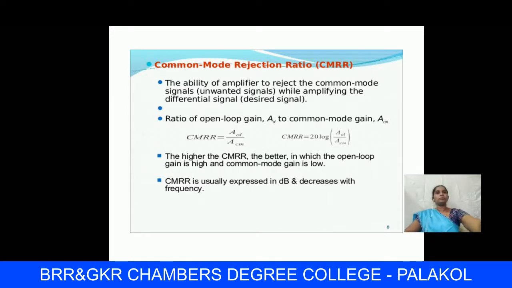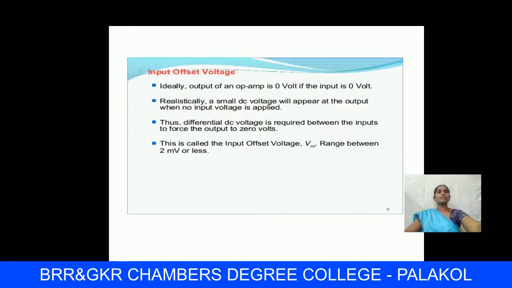Okay, so the next one is input offset voltage. What is meant by an input offset voltage? Ideally, the output of an op-amp is 0 volts if the input voltage is 0. But a small DC voltage will appear at the output.